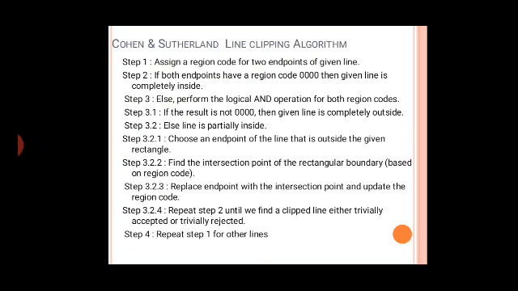Replace that endpoint with the intersection point and update the region code. Once you update the point of the line, the region code changes, hence you need to update the region code also. After that you repeat step 2 until we find a clipped line.